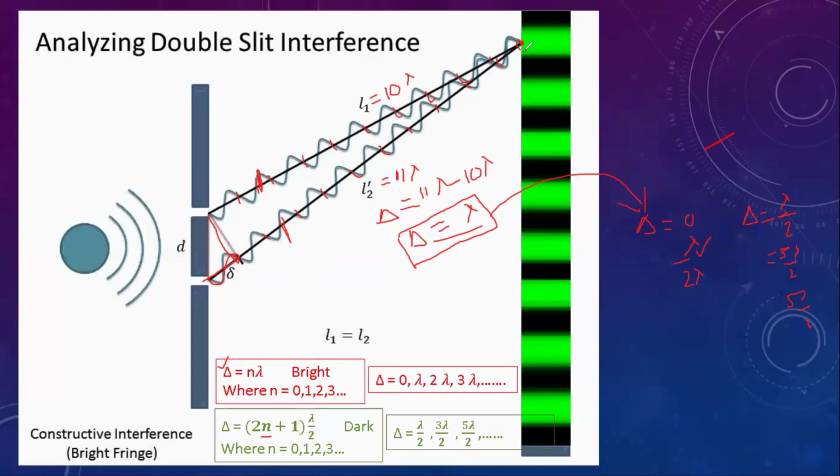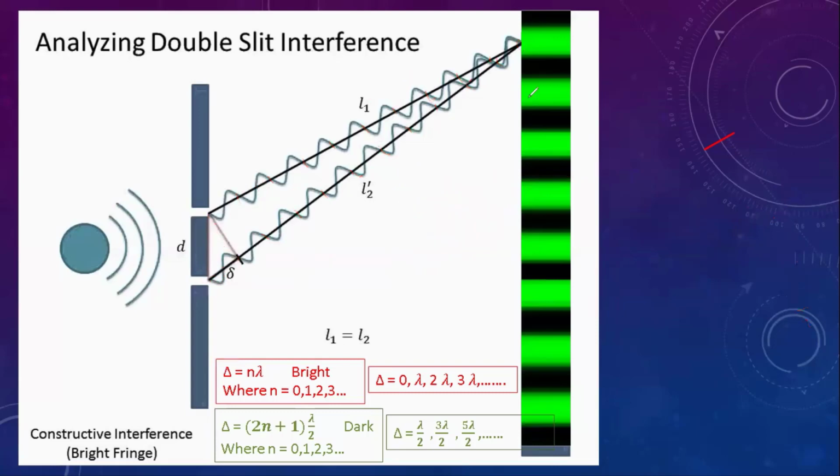So this is the one thing. And if you take another point, this point, I have shown here. If you measure the path difference directly, we draw a normal, then this path difference is like half of the wave. That means delta is equal to lambda by 2.